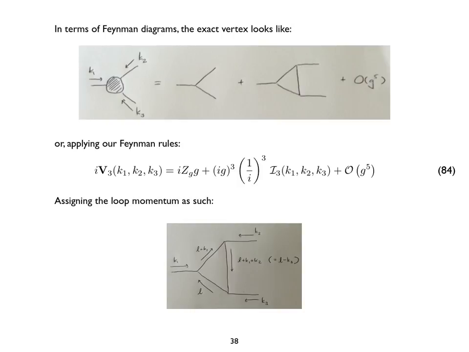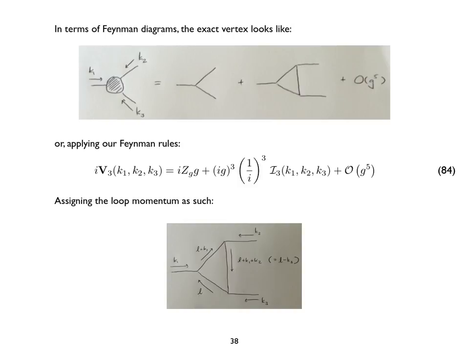Okay. And so let me apply my Feynman rules. I get 3 factors of vertices, right, and I get 3 propagators. So I'm going to strip those out and just call what's left this integral I3, order Q. Okay. So I assign my momentum.